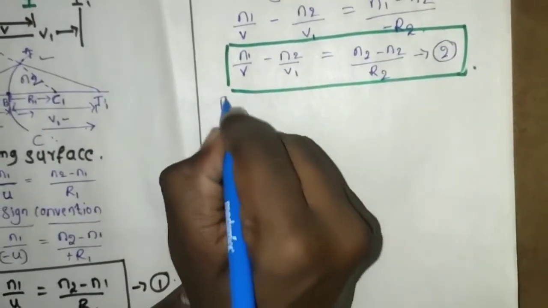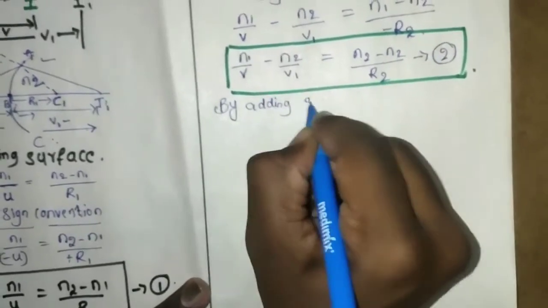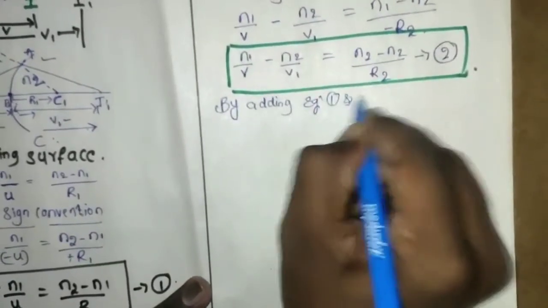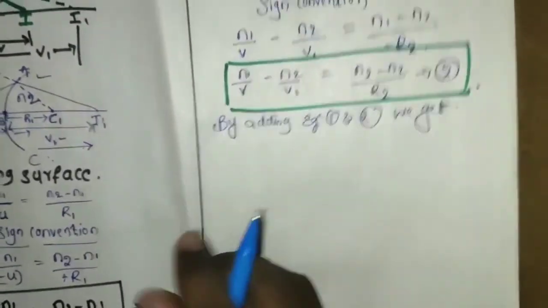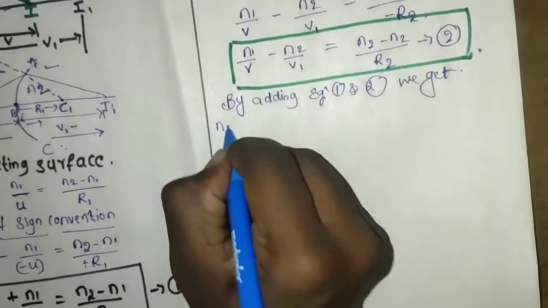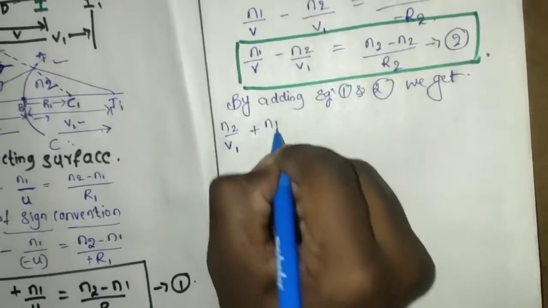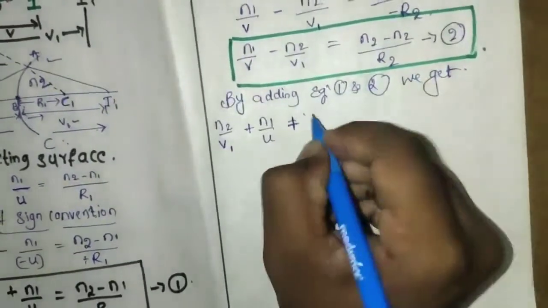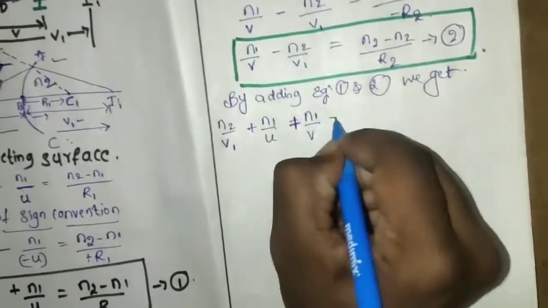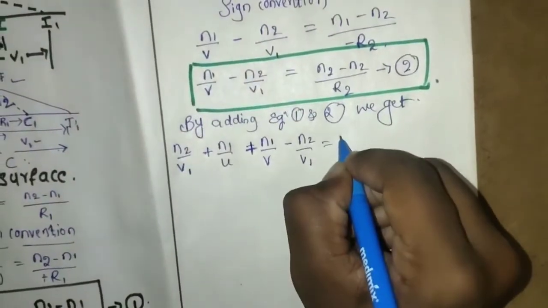See here, by adding equation 1 and 2, we get n2 by v1 plus n1 by u equals to, sorry, plus the second equation, that is n1 minus v minus n2 by v1 equals to this equation.